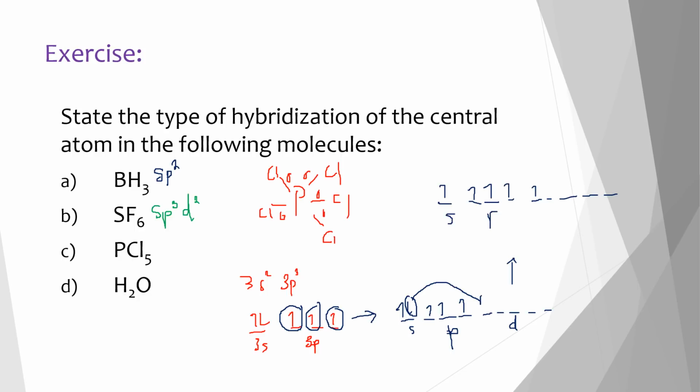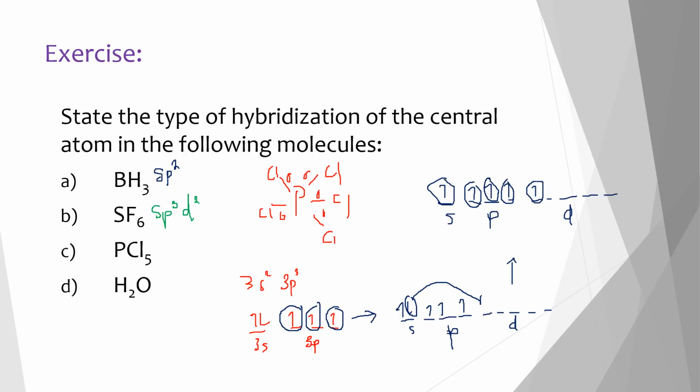Okay, so spd. Right now it has 5 available single electrons, so that means it can form 5 sigma bonds. So now it's possible that phosphorus can form 5 bonds with Cl.